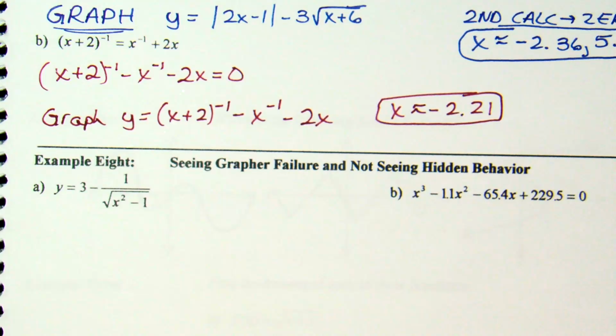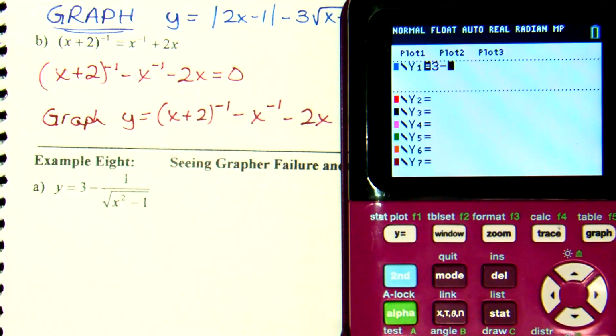Okay, now, what is this hidden behavior? While I'm here, let's practice typing this in real quick. You guys need calculator practice. It's already y equals. Y equals 3 minus.